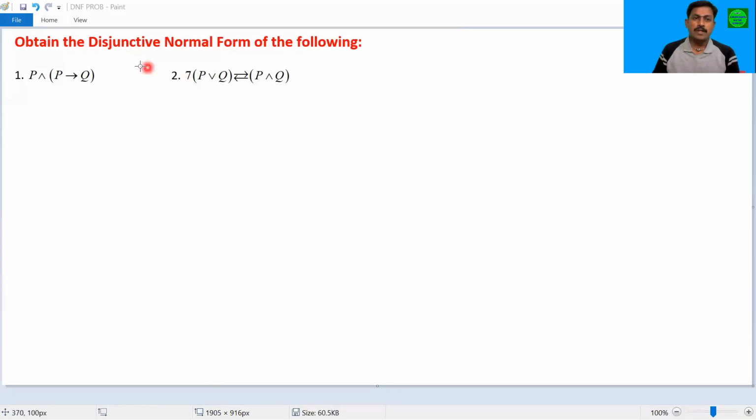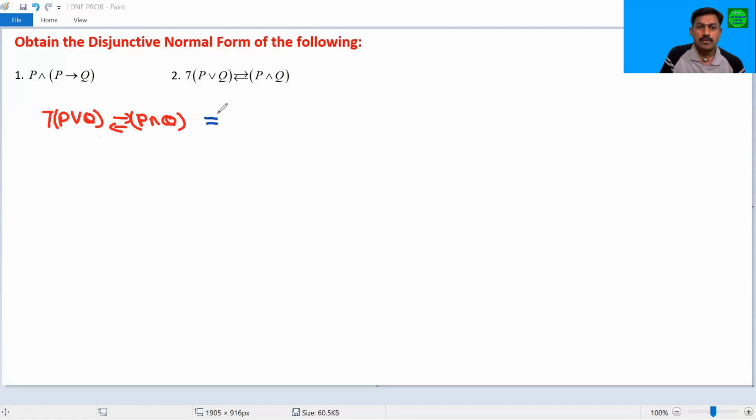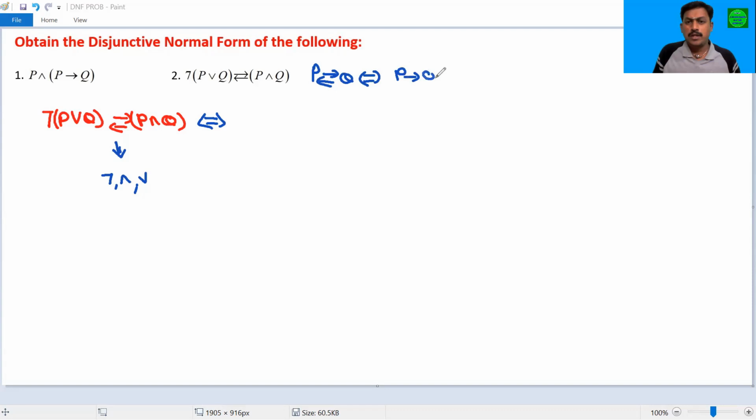Second problem, find the disjunctive normal form of not of (P or Q) biconditional (P and Q). To find the disjunctive normal form of this problem, first step, we have to remove this biconditional, converting it into negation, conjunction, disjunction symbols. P biconditional Q is equivalent to (if P then Q) and (if Q then P).